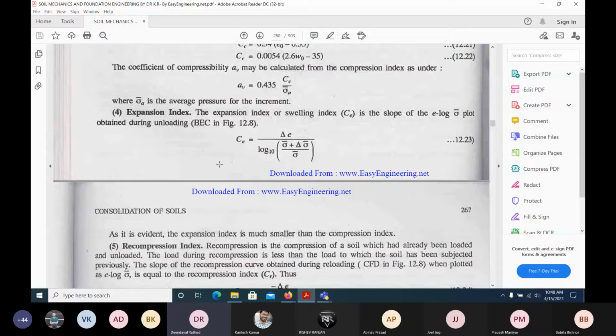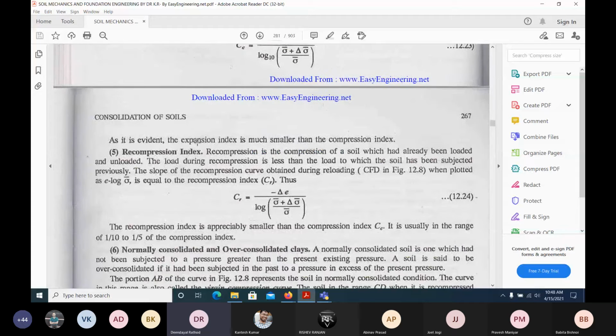Here we have given a positive sign because it is expanding. So expanding we have taken positive, compression we have taken negative. So recompression is again negative. Recompression is the compression of a soil which had already been loaded and unloaded, and is then reloaded.